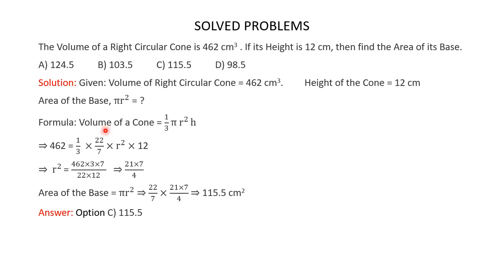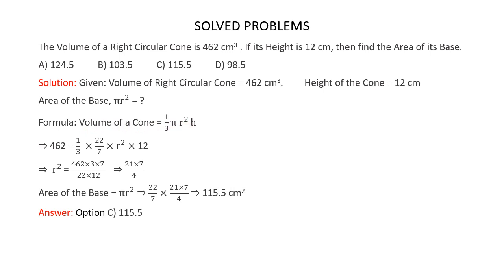Now we know that volume of a cone is equal to 1 by 3 multiplied by pi r squared h. Now we know the value of pi is 22 by 7 and h is given as 12 centimeters and volume of the cone is given as 462 centimeter cube.